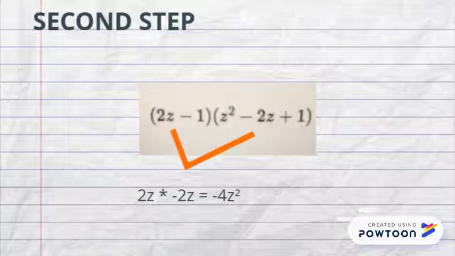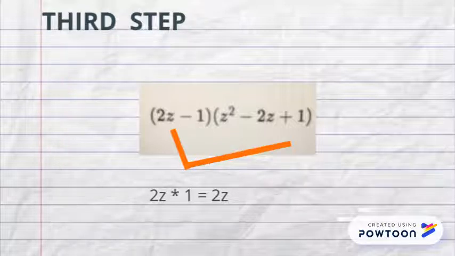Now, as we multiply 2z times negative 2z, that gives us an answer of negative 4z to the second power. Finally, 2z times 1 gives us an answer of 2z.